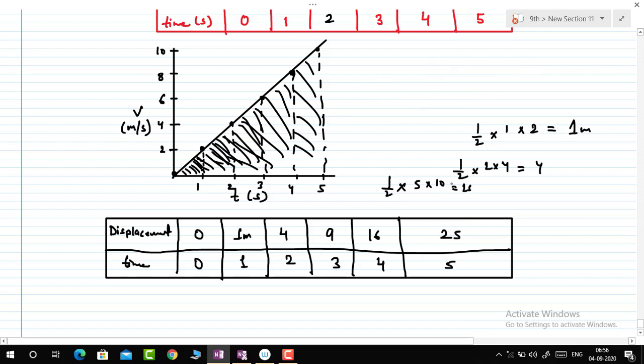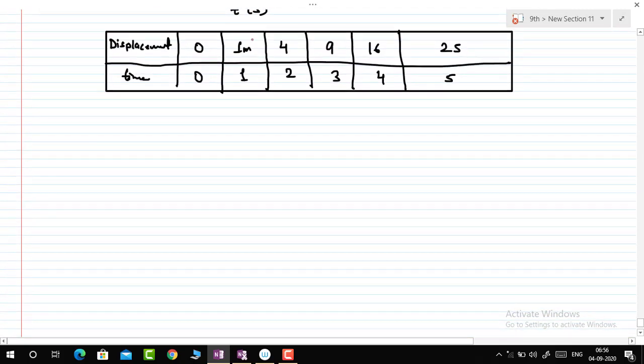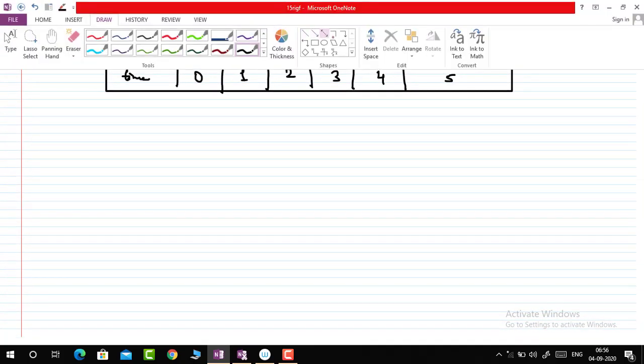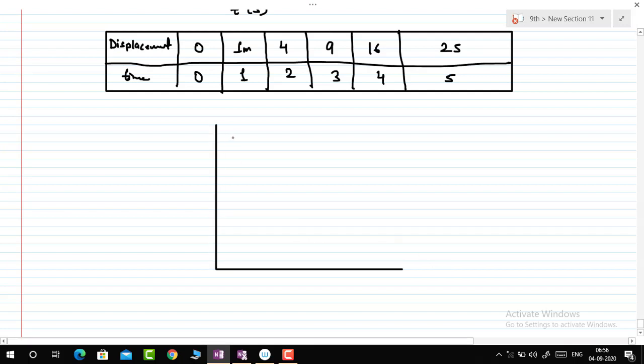Now you can plot it. So we got the displacement time graph. So to plot this graph, yes, now we will take the axes. Here we consider displacement in meter, and here we consider time in second.